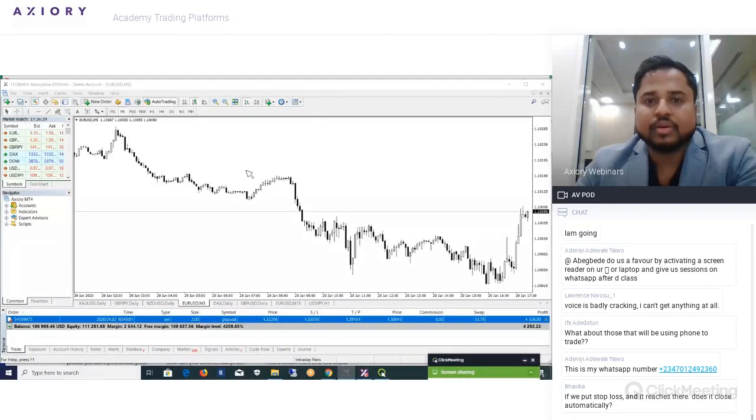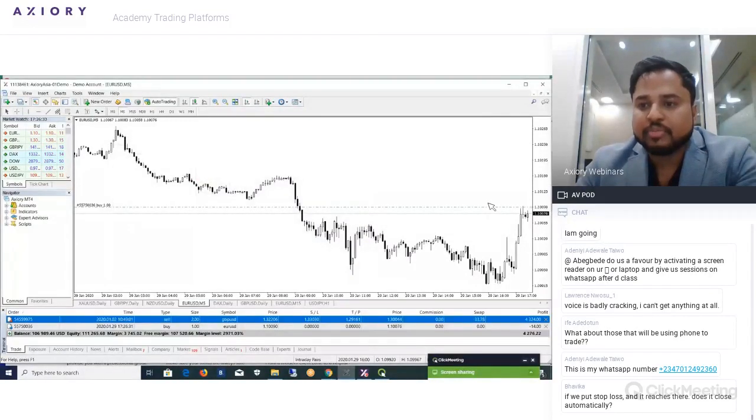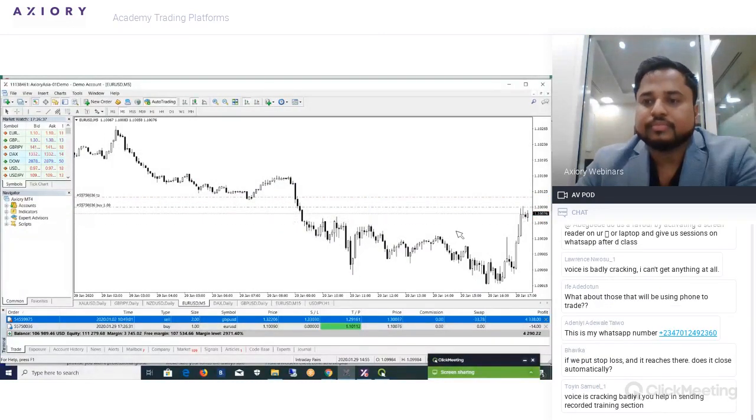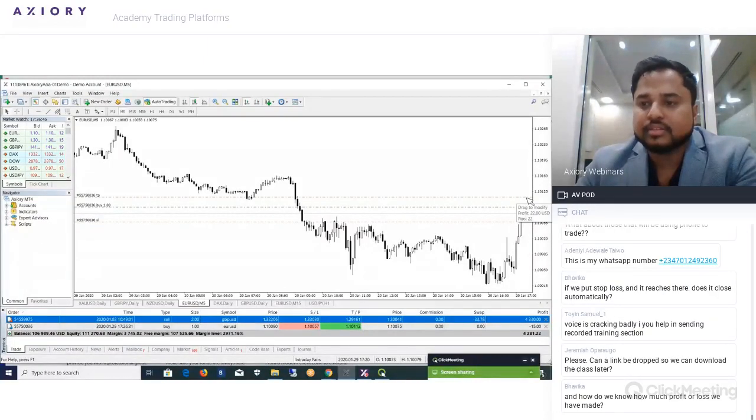For example, now I'm trying to put an order like this. I'm trying to put a take profit here, stop loss here. So now the price is at 1.107774. If the price reaches this take profit, automatically the order will be executed.